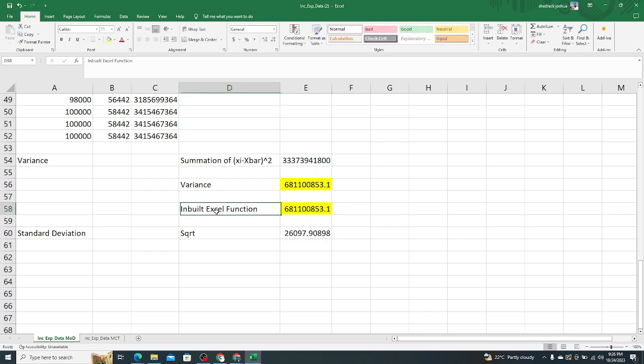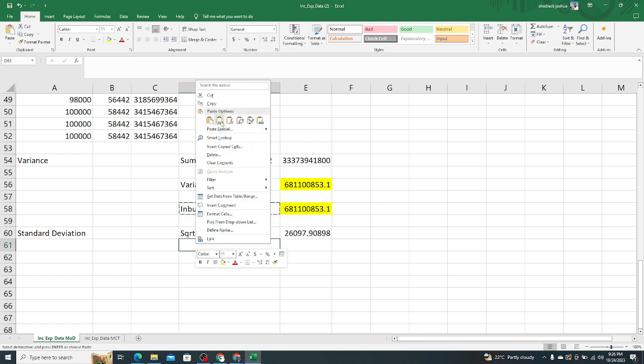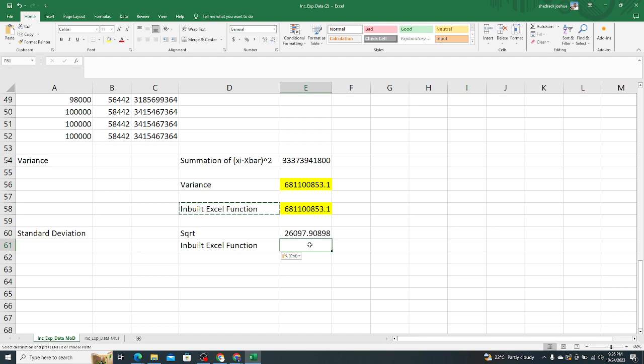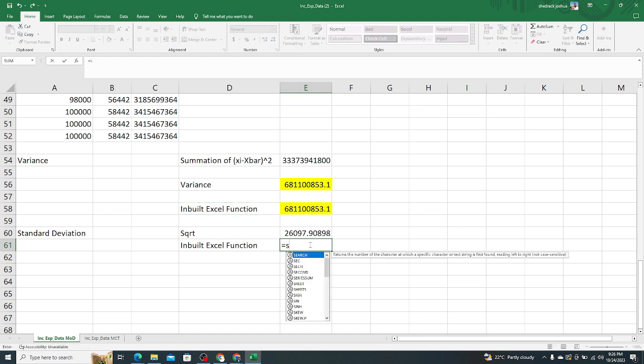You can also use an Excel inbuilt function called STDEV. We have population and we have sample. We are working with sample, so STDEV.S, for sample data.